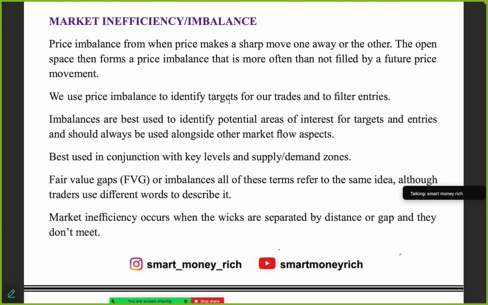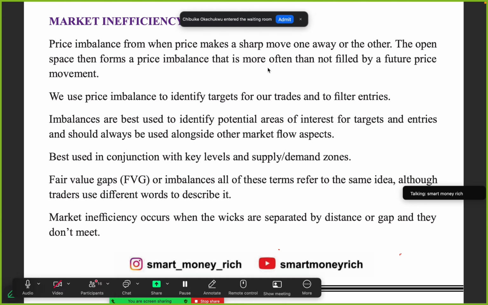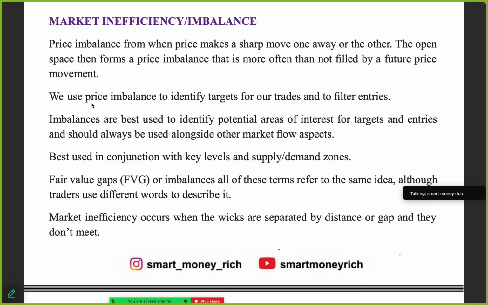So we use price imbalances to identify targets for our trades and to filter entries. Targets are levels we want to enter.